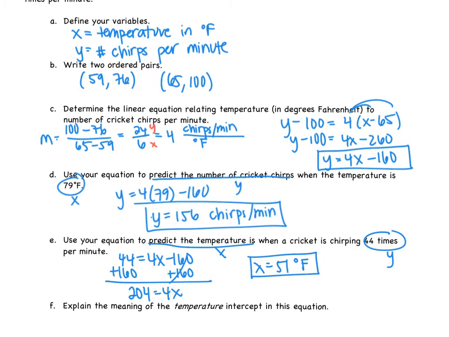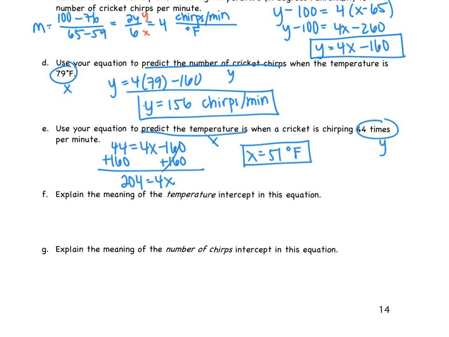Okay, so none of that is really new. F and G are a little bit new. So F, explain the meaning of the temperature-intercept. If we think about the x-intercept, for example, x-intercept means that y is 0. So if I'm asking you for the temperature-intercept, I mean that the other variable is 0.